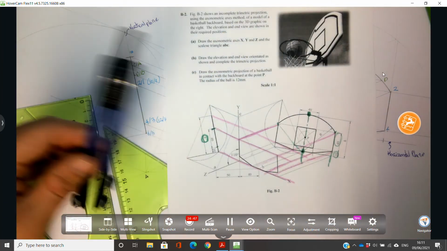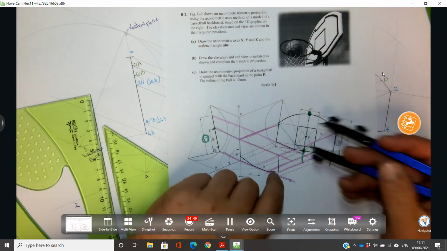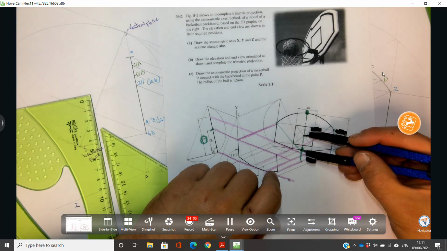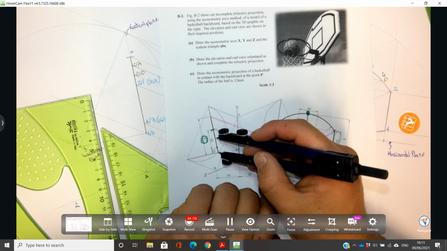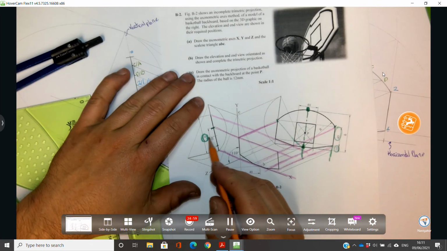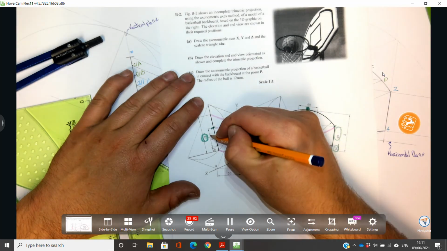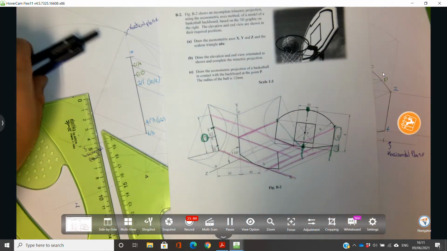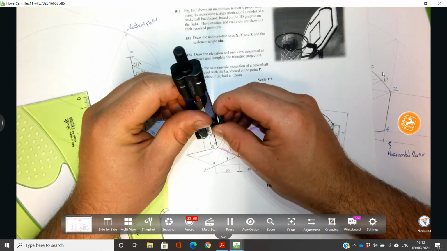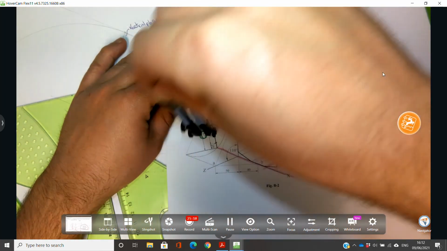Now, how do you get an end elevation? Take the height here, mark it on, go out 12 millimeters in your center. Draw in the ball.